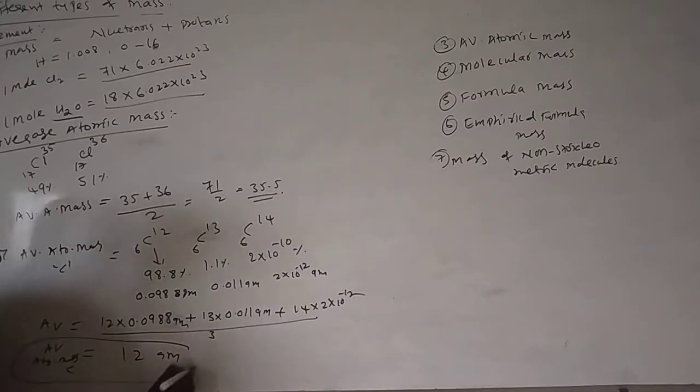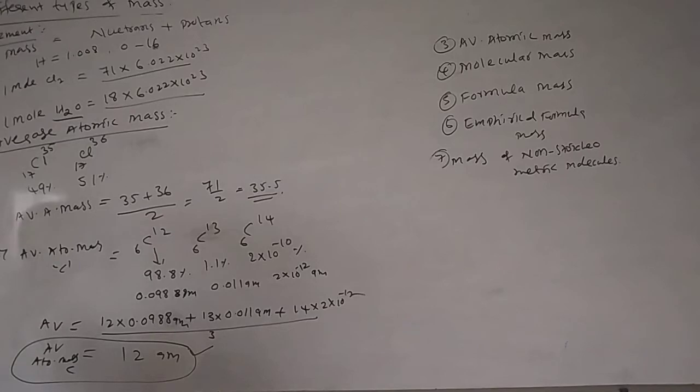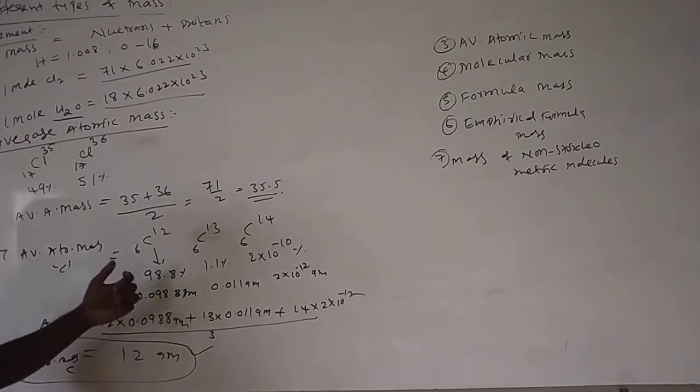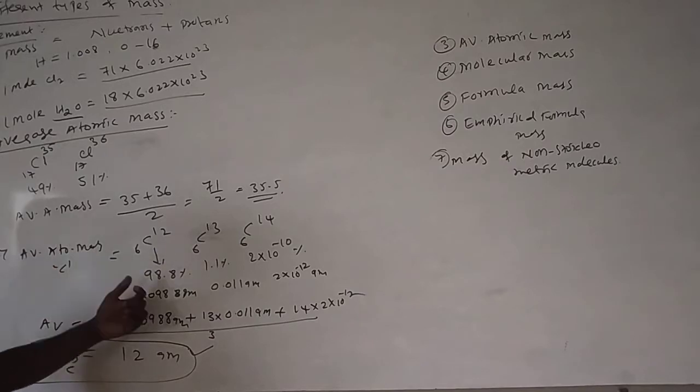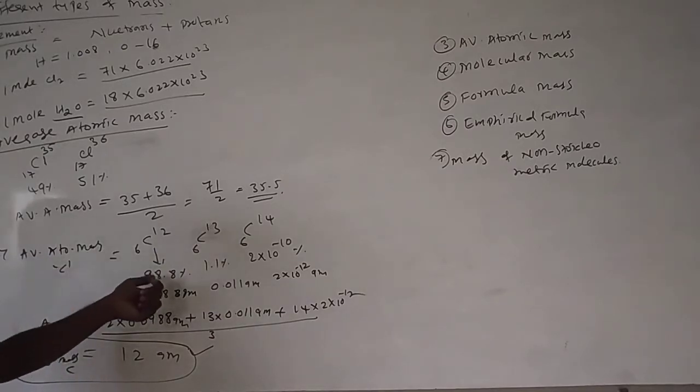That's why we always take carbon-12 as the atomic mass of carbon. There is another way also: an atom exists in various isotopes, but the atom which has more abundance, you take that one only.